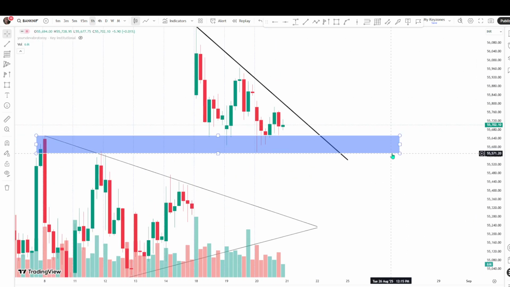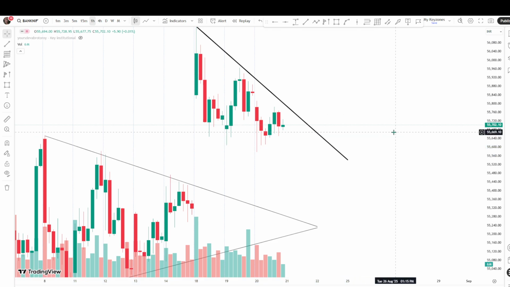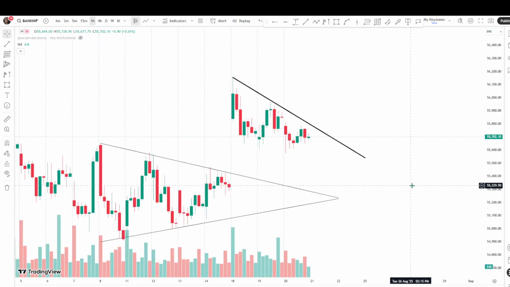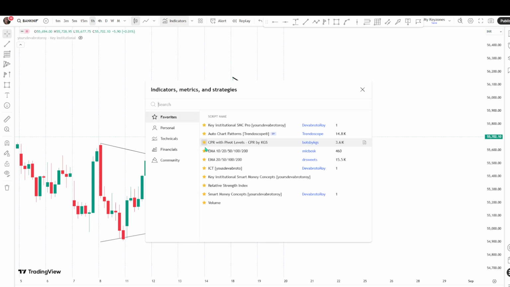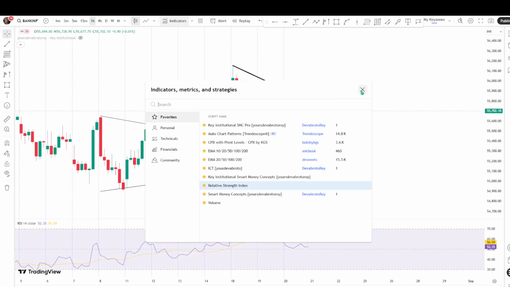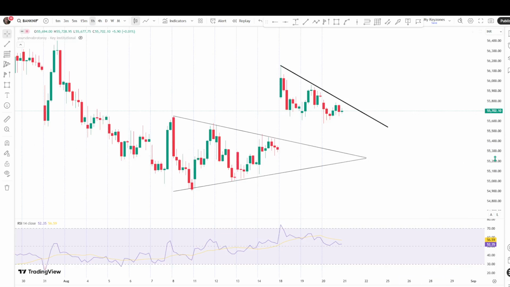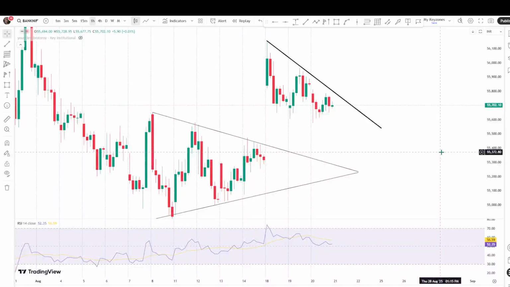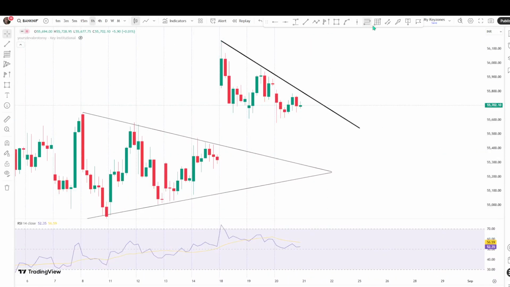I'm seeing a double bottom pattern. Let me remove volumes and add RSI. Yes, maybe I am correct or maybe not, but I think it is making a double bottom pattern again.